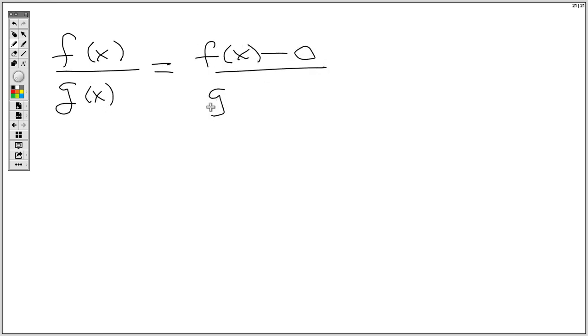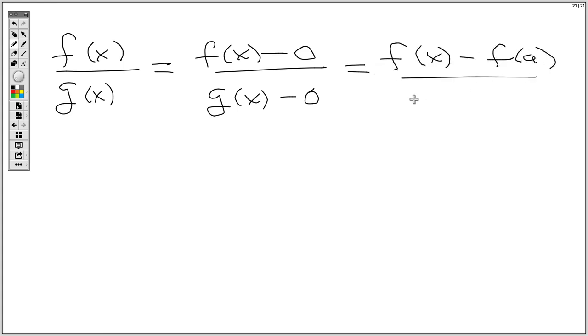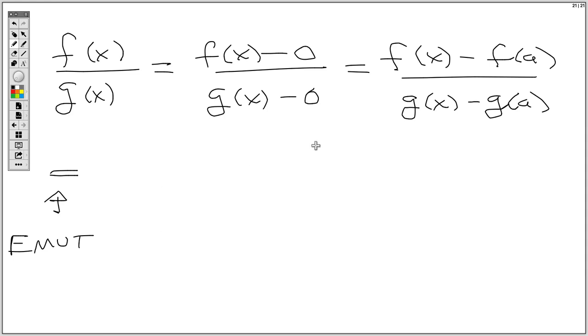And so what that says is that f of x over g of x, think of that as f of x minus 0 over g of x minus 0, which would be f of x minus f of a over g of x minus g of a. And now we can hit things with the extended mean value theorem to say that this is going to be some f prime of c over g prime of c.